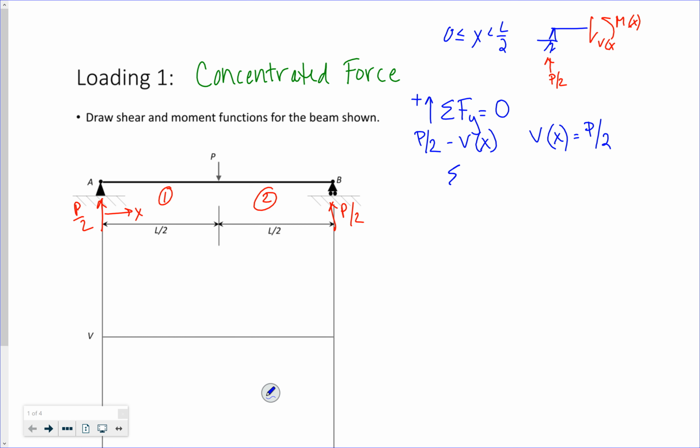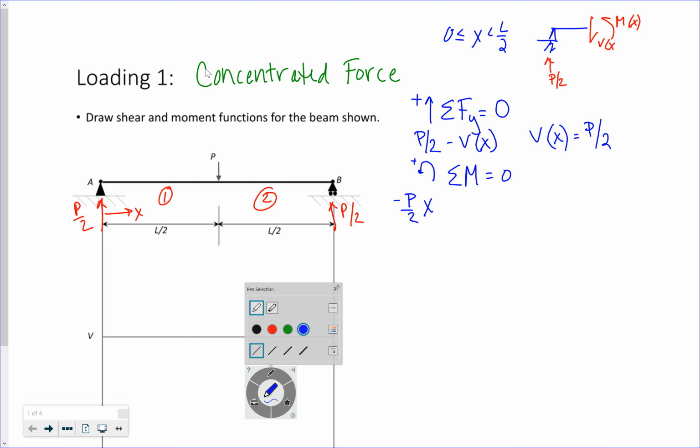Take my moment. I've got P over 2 acting at a distance x, right? That's my x.